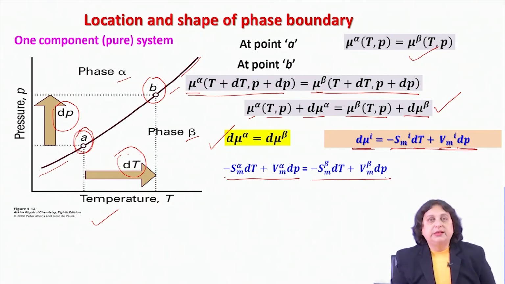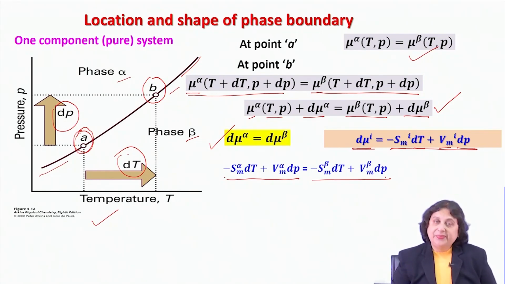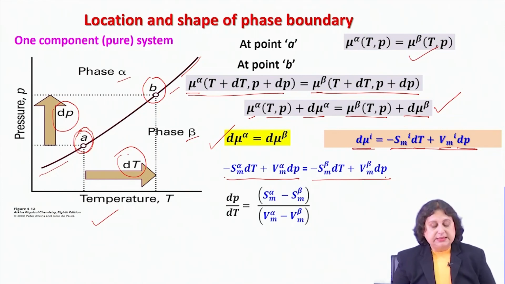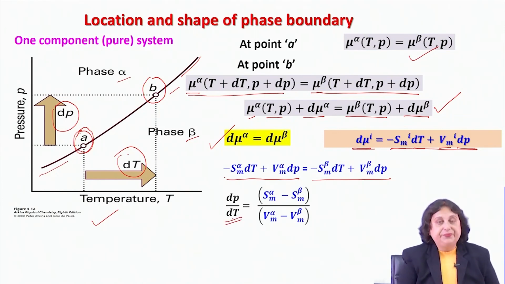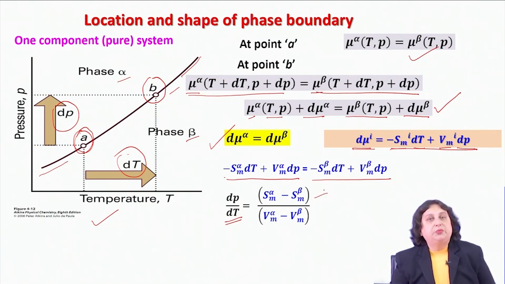Now I am going to collect the terms dependent on dT on one side of the equation and the terms dependent on dP on the other side, do a little bit of algebra, and this is what I get. I get that dP/dT is equal to the difference in the molar entropies between the two phases alpha and beta, divided by the difference in the molar volumes of the two phases alpha and beta.